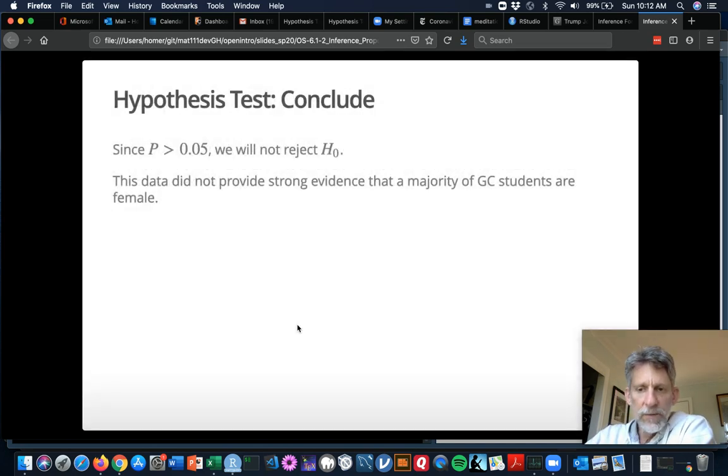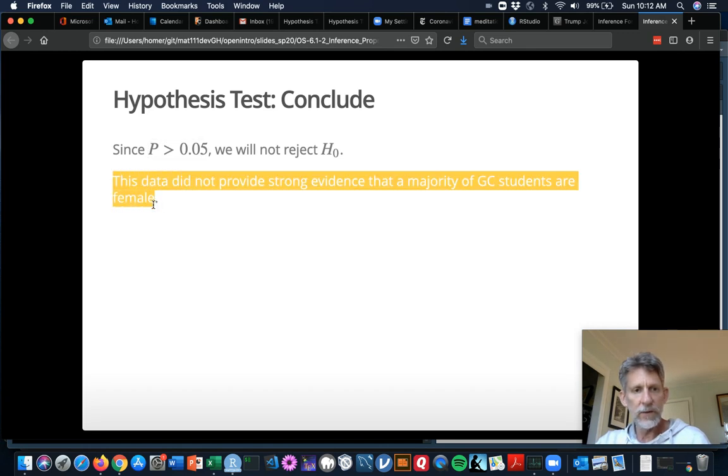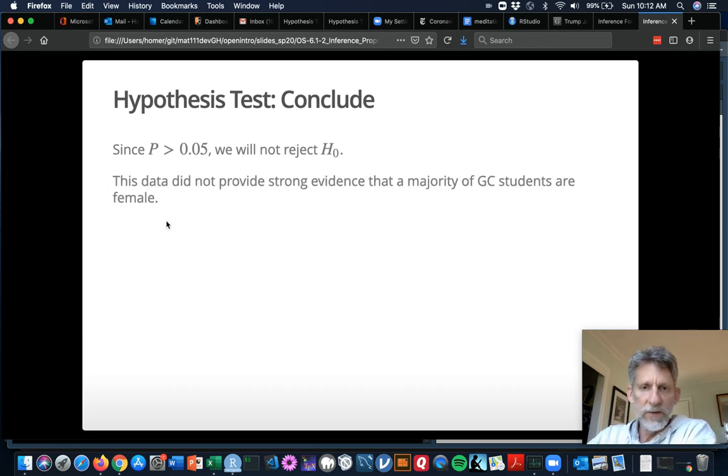In fact, since the p-value is bigger than our standard cutoff level of significance, 5%, we're not going to reject the null hypothesis this time. So our conclusion, you always want to write a little short, simple one-sentence conclusion, is that this data did not provide strong evidence that a majority of Georgetown College students are female.